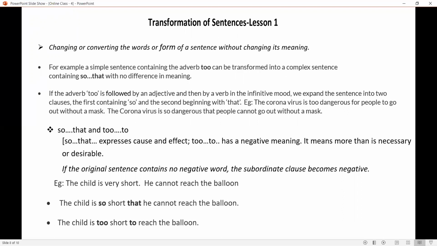Example, a simple sentence containing the adverb 'to' can be transformed into a complex sentence containing 'so that' with no difference in meaning. You know that a simple sentence means a sentence which has got one subject and a finite verb. A complex sentence means a sentence which has got one main clause and one or more subordinating clauses.